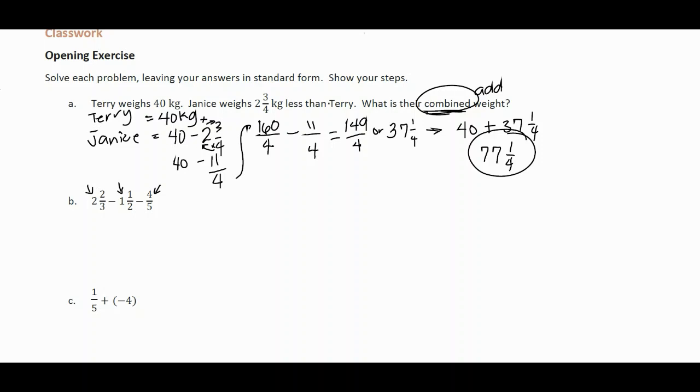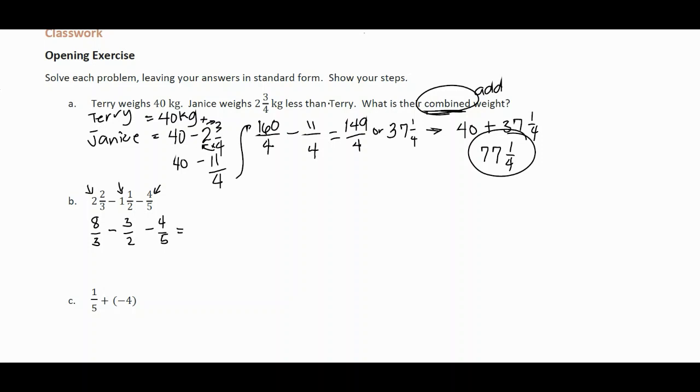And again, how do we do that? We multiply the denominator to the whole number. So for this one, 3 times 2 is 6, plus 2 is 8. So we're going to have 8 over 3 minus, 2 times 1 is 2, plus 1 is 3 over 2, minus 4 fifths.